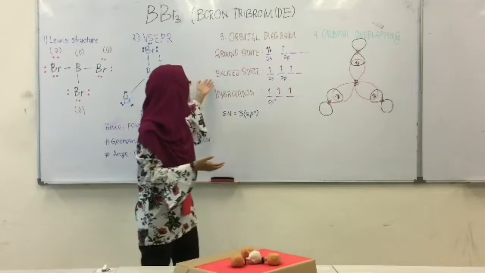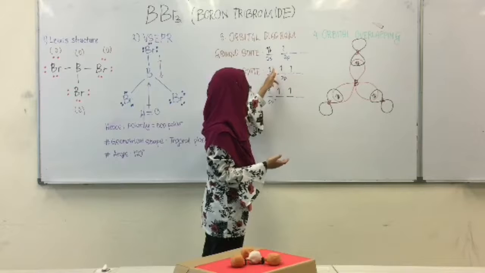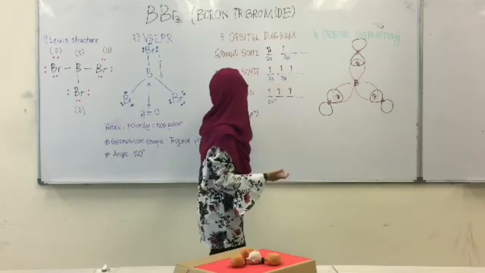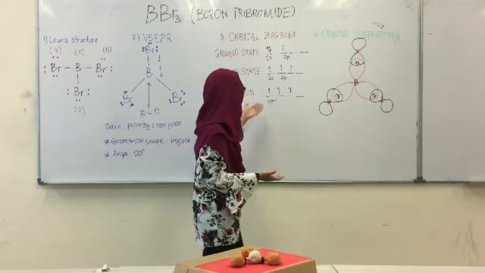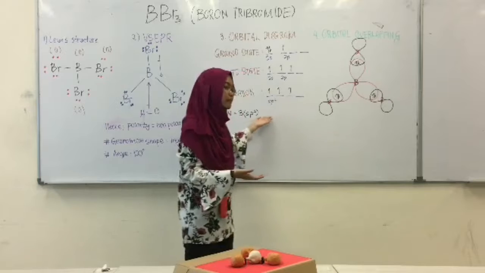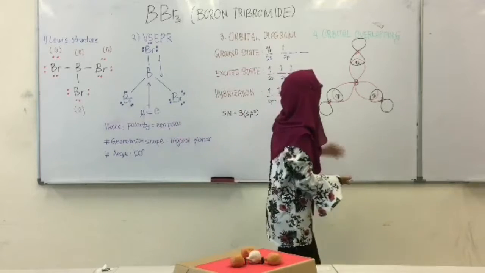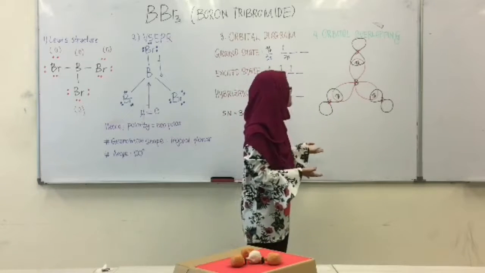When in the excited state, it will promote 1 electron from s to p orbital, and then in the hybridized state, it will form this, which is sp2, s and 2 p.